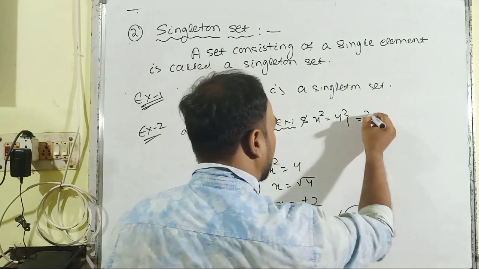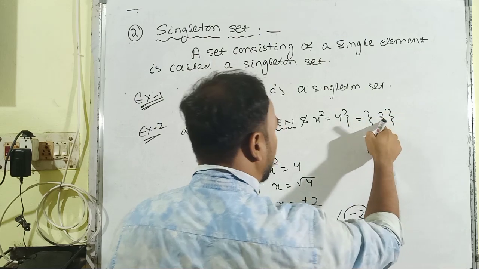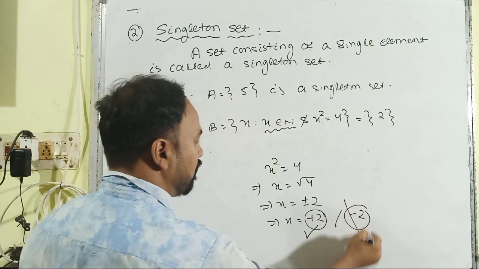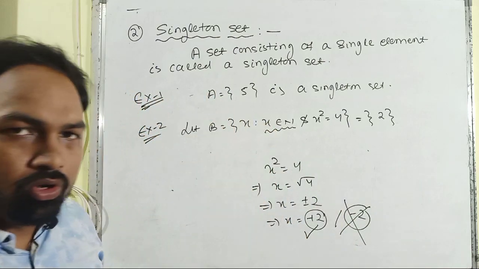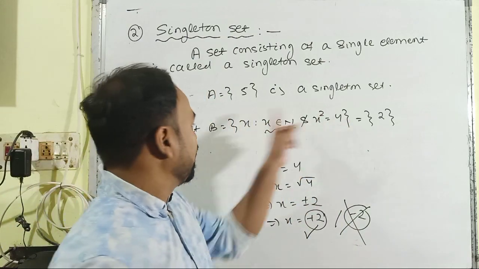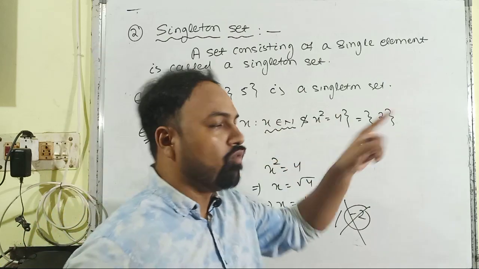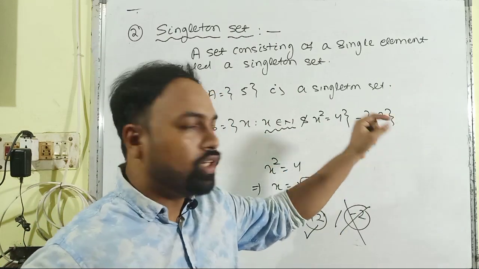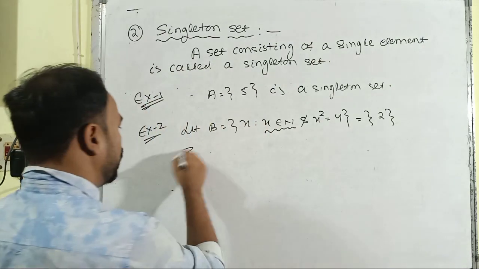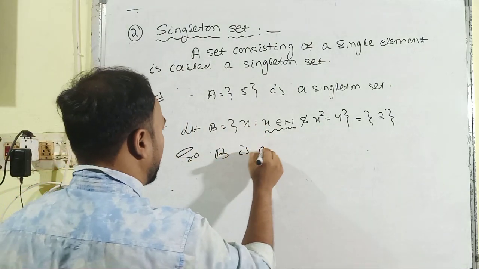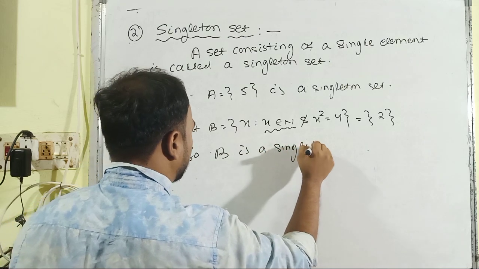So the set contains the element 2, because we cannot include minus 2, as we are satisfying the condition x belongs to N. So you can see that the set V contains only one element, and that is 2. So it is a singleton set.